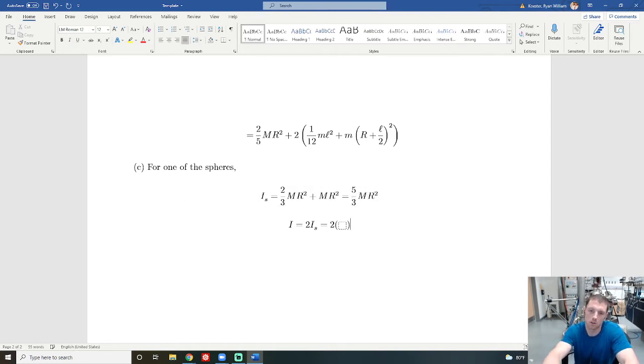Don't trust my ability to add fractions in my head, double check that, but the idea is good. Now 2 times 5/3 big M big R squared, so it looks like it should be 10/3 mr squared.